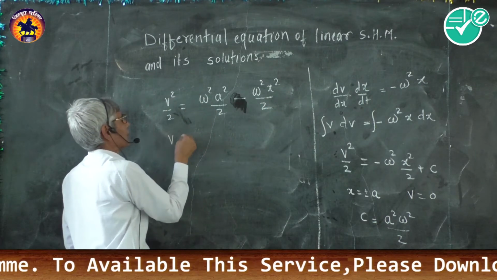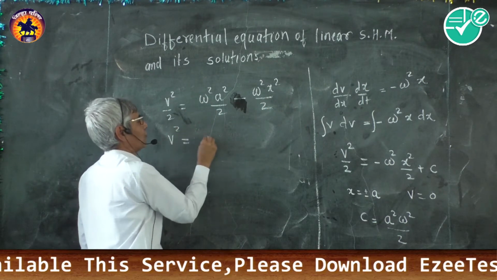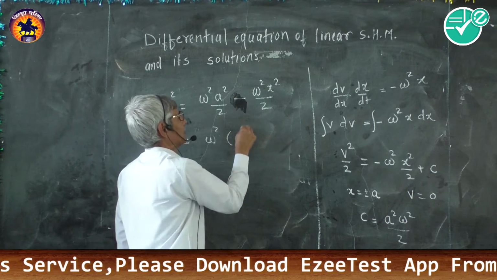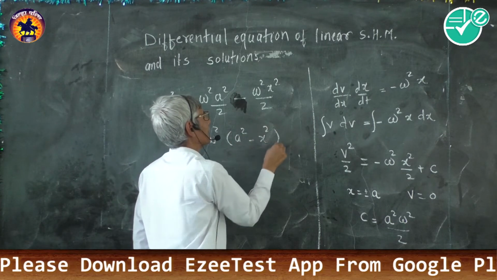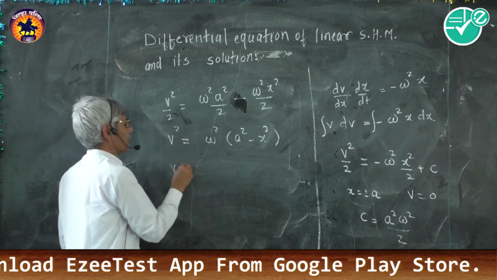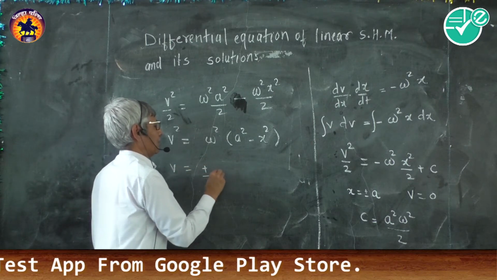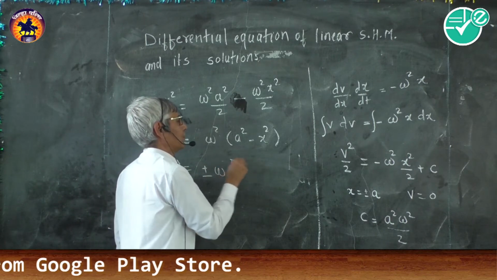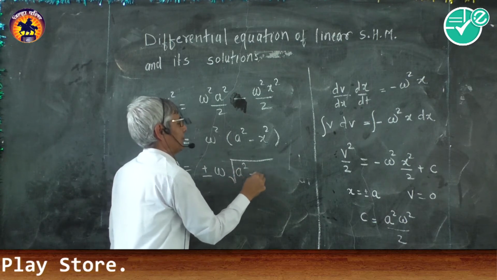So it becomes v square is equal to omega square in the bracket a square minus x square, or v equal to plus or minus omega in the square root a square minus x square.